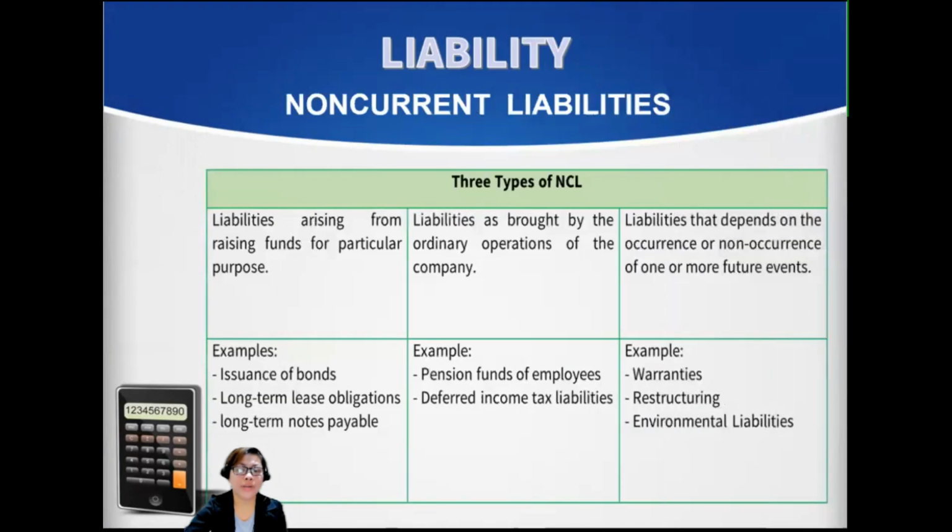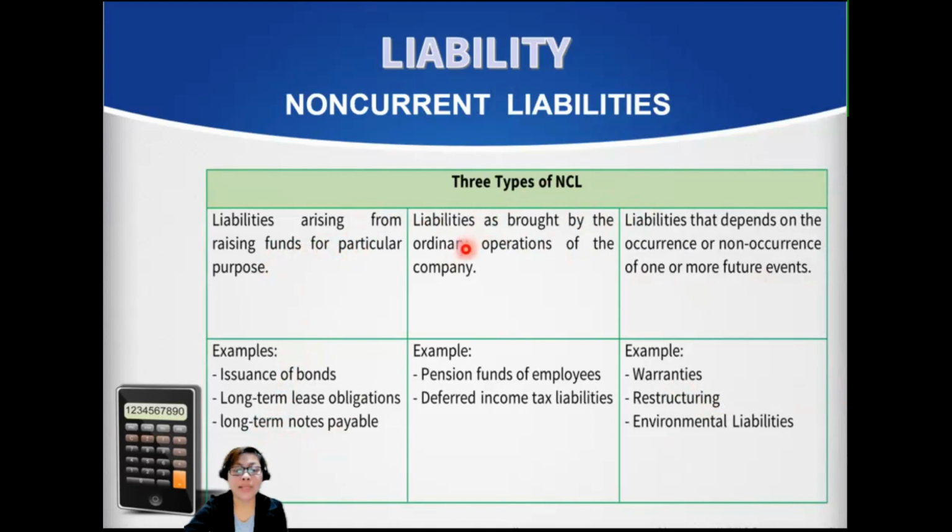Then we have non-current liabilities. Non-current liabilities are long-term debts or obligations which are not expected to be paid within a year or the normal operating cycle. We have three types of non-current liabilities. We have liabilities arising from raising funds for a particular purpose. Examples are the issuance of bonds, long-term lease obligations, and long-term notes payable.